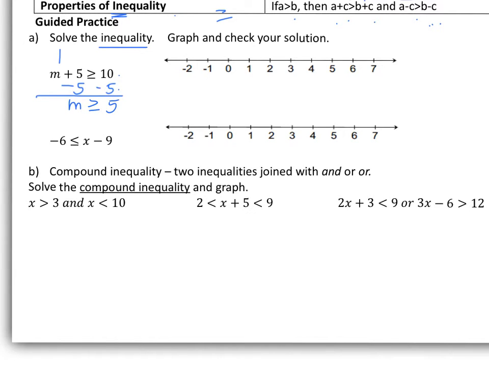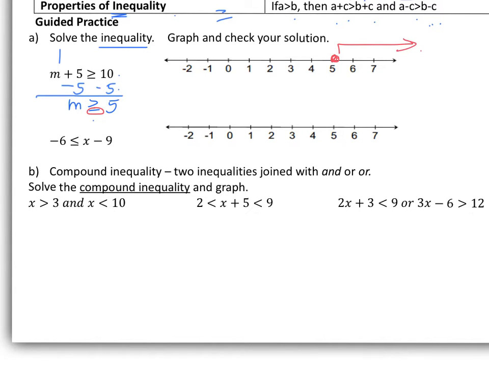So this is complete. And now I need to graph. Because this is a greater than or equal inequality symbol, it includes 5 due to this part of the symbol, so I need to put a solid dot and point the arrow to the right.